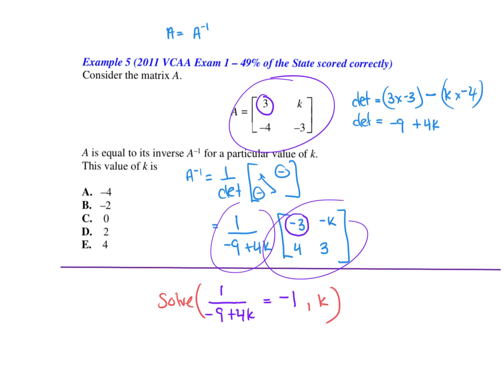And I think you end up with k equals negative 2. Okay, so we end up with that. This one, don't stress too much. I reckon it's quite a difficult question. Sorry, it's positive 2. Yeah. K equals 2. Sorry.